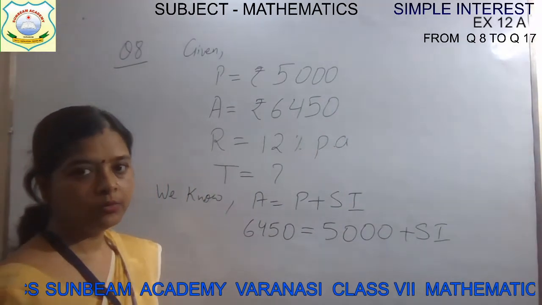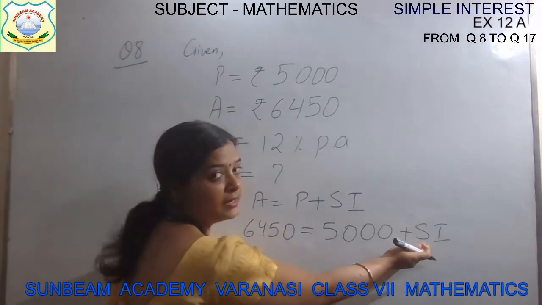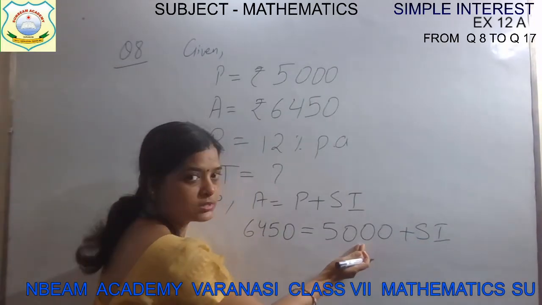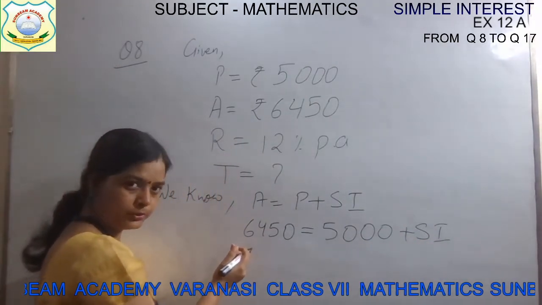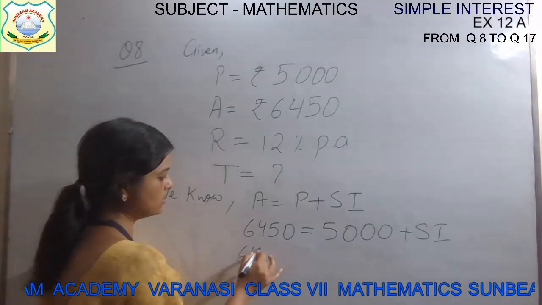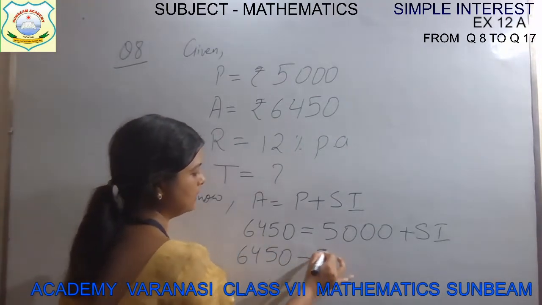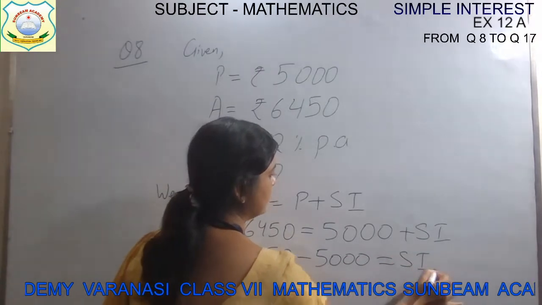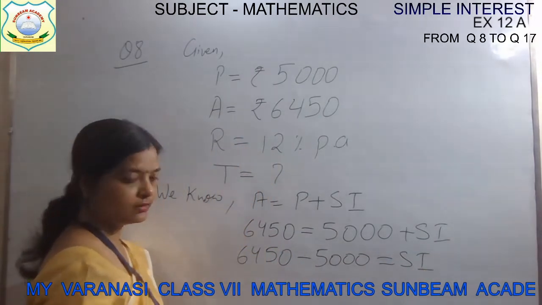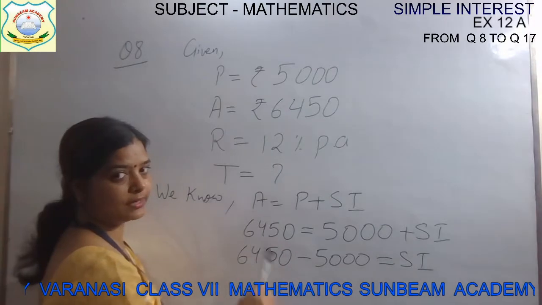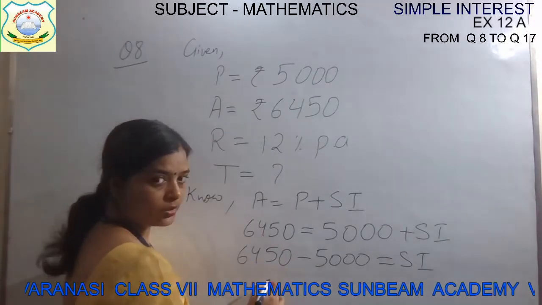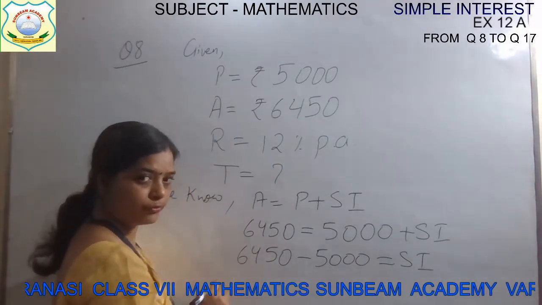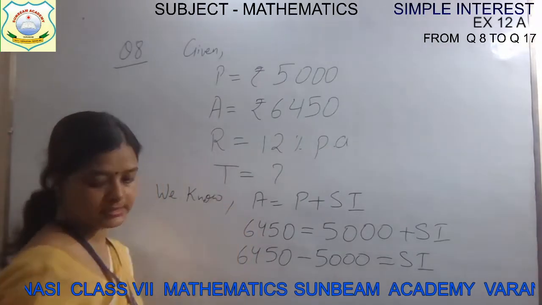Okay, now keep the simple interest on that side and transpose this 5,000 to LHS. 6,450 minus 5,000 will give you the simple interest value. What is it, children? It is 1,450. So I am going to erase this.